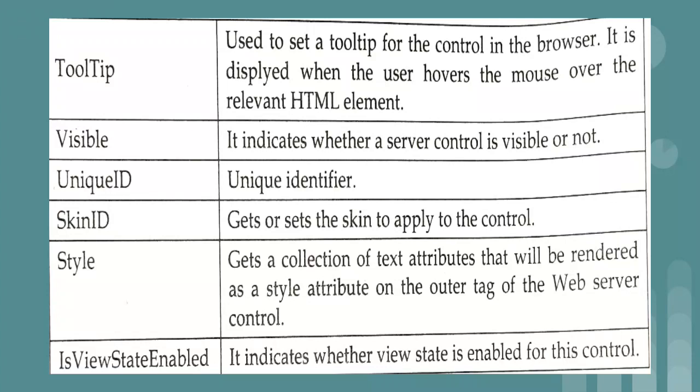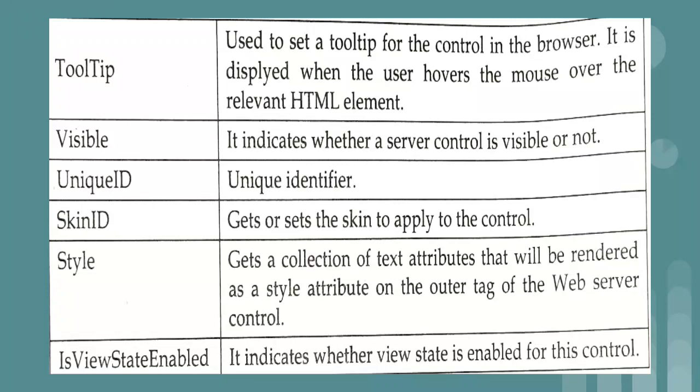Then the next one is unique ID. Unique ID is again like the ID property. We have one more property, unique identifier, which we do not commonly use. Then we have skin ID. Skin ID means whenever we are using a skin file, there is one type of file, the skin file, that we are going to learn in practicals. A skin file is basically a kind of theme file in which you have added some look and feel related features for a specific control.